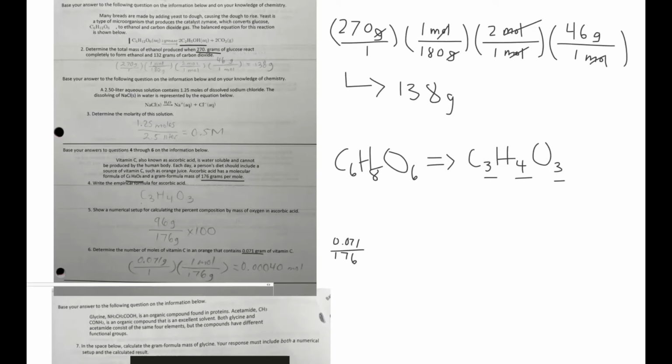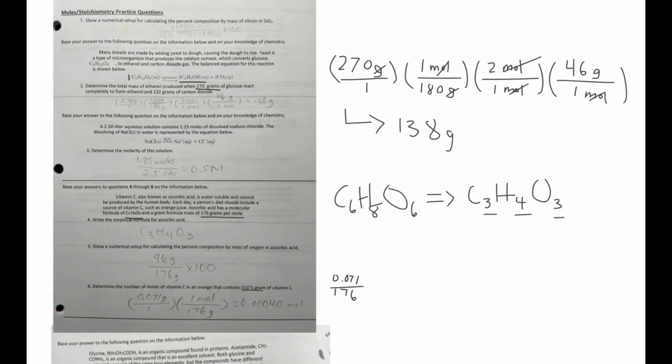So we can just set 0.071 over 176 to find our number of moles. So you'll see here, I did it a little differently, but you can see it's using a similar setup to number 2.